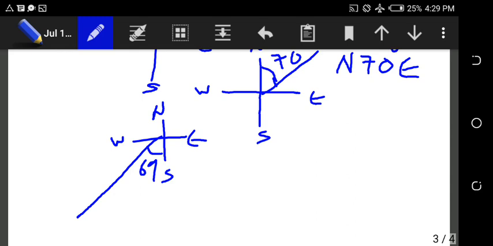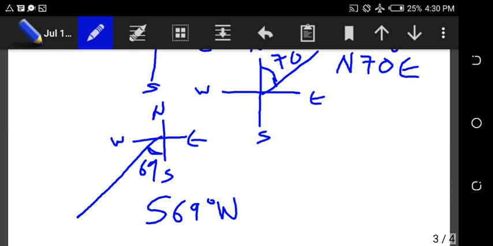When we want to describe this bearing, it is closer to the south than the north, so you don't go all the way up to the north. So this bearing would be south, that is moving away from the south 69 degrees towards the west. South is always in capital letter. So you have south 69 degrees west. That's how you would describe this bearing, a bearing of south 69 degrees west.